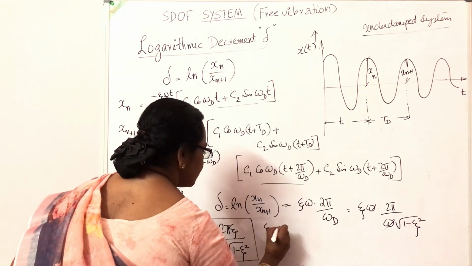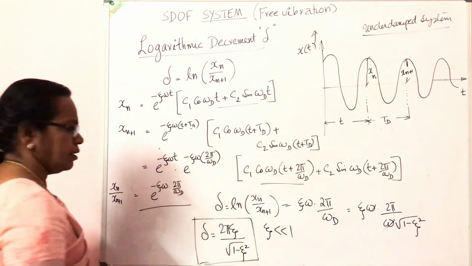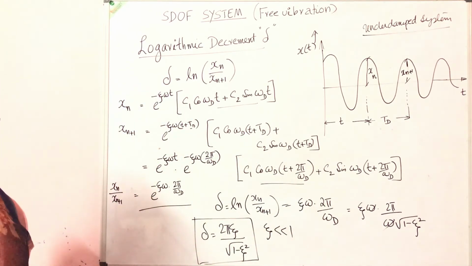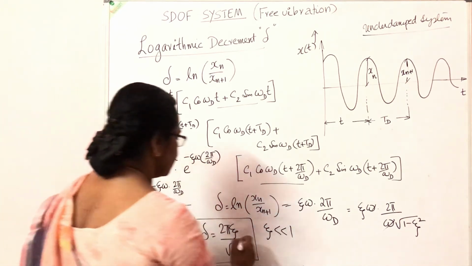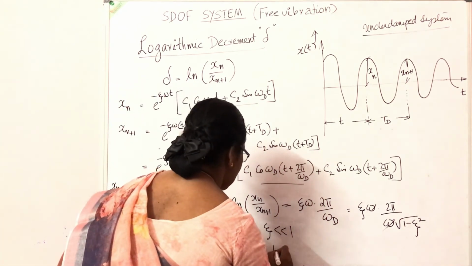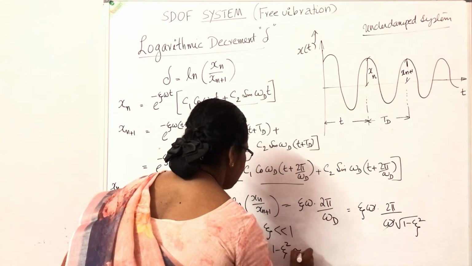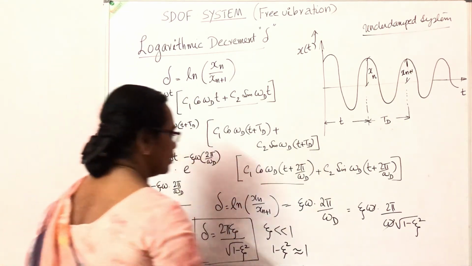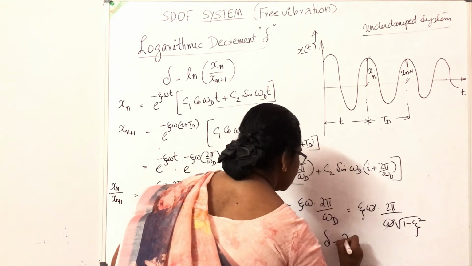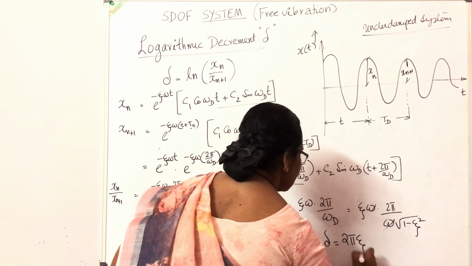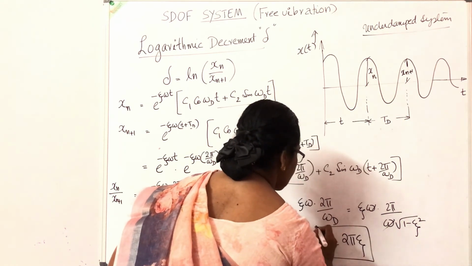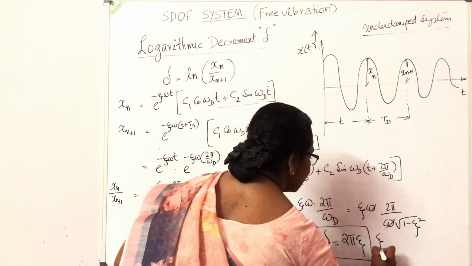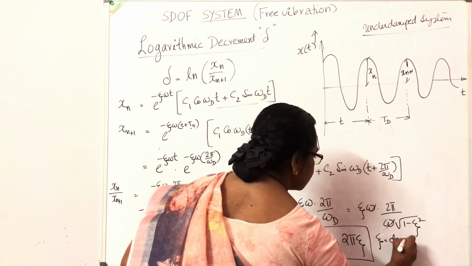Psi is usually very much less than 1. Normally the value is 0.1 and maximum 0.2. So there is no harm, 1 minus psi square can be approximated to 1, or delta is equal to 2 pi psi. What is psi? Psi is the damping ratio.